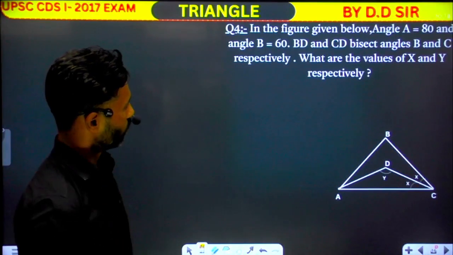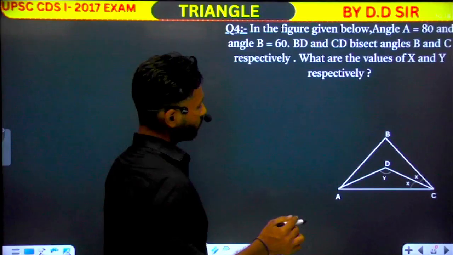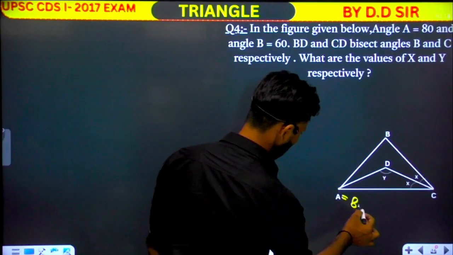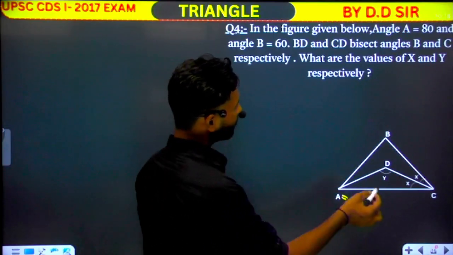Okay, so let's simplify this question. The question is quite easy. Angle A is provided equal to 80 degrees.